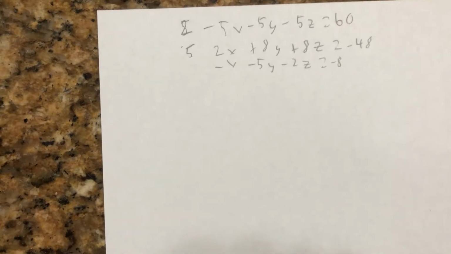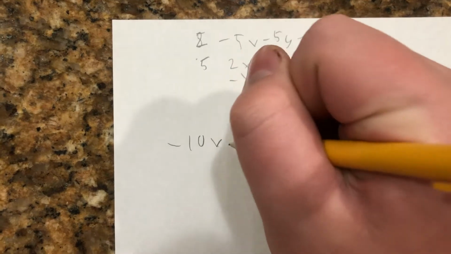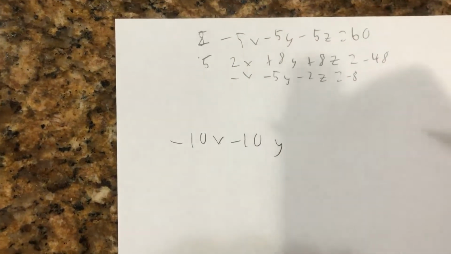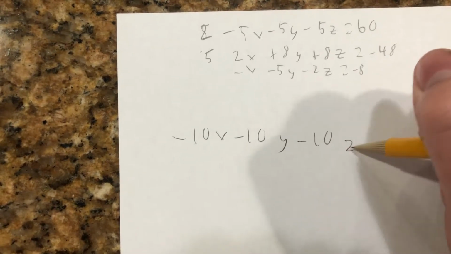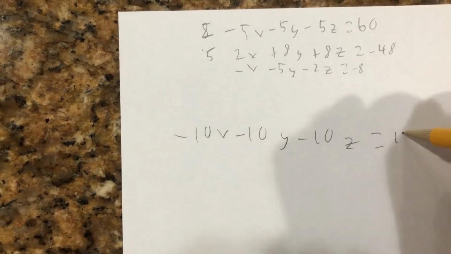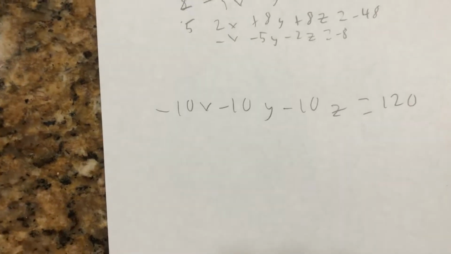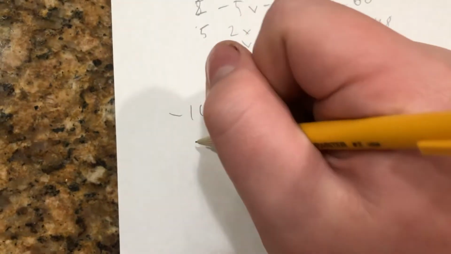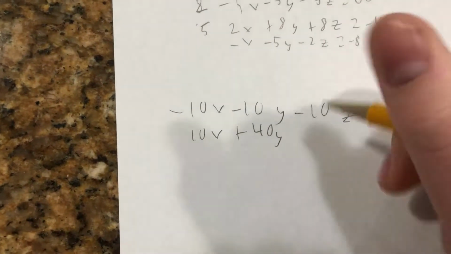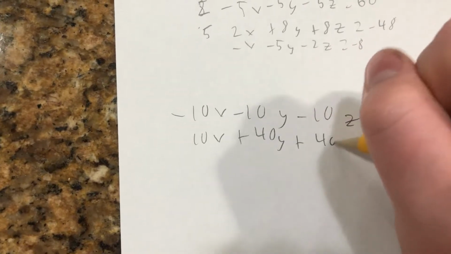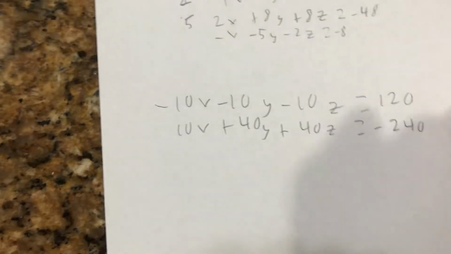We will next write the equation below, which is negative 10x minus 10y minus 10z equals 120. And then 10x plus 40y plus 40z equals negative 240.